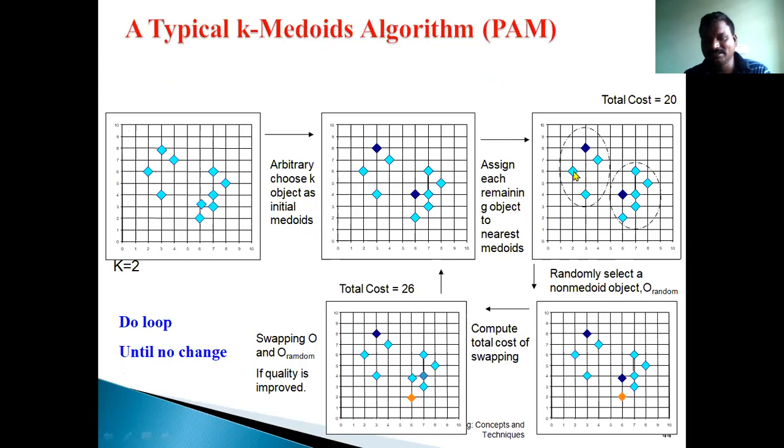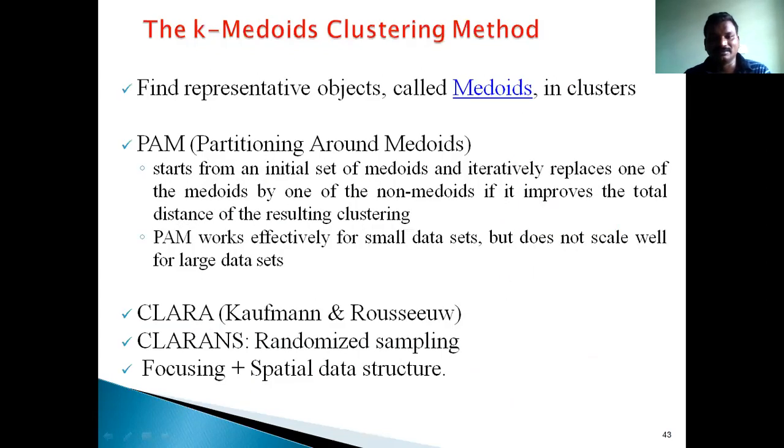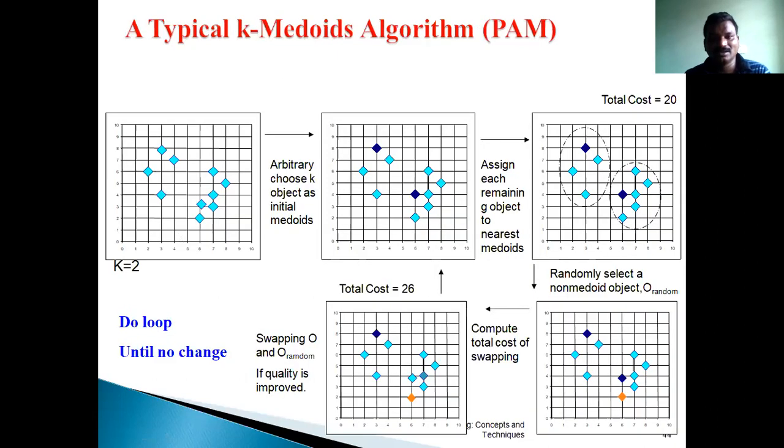Next, randomly select a non-medoid object, then compute the total cost of swapping, and iterate, going back to step 2. This is how the k-medoid algorithm works, called partitioning around medoids.